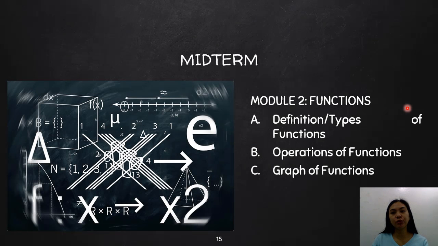And after module number 1, we are to go to module number 2, functions, wherein we are to cover the definition or types of functions, operations of functions, and of course the graph of functions.